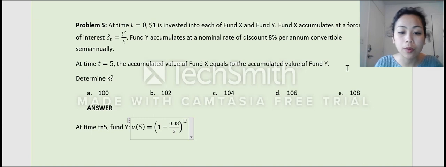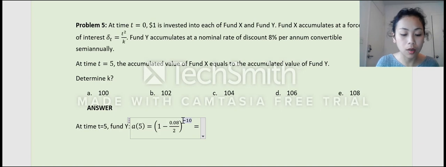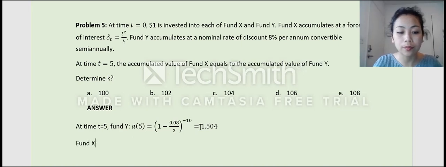So 1 minus 0.08 over 2, the whole thing to the power of 2 times 5, which is 10. That equals 1 minus 0.04 to the power of negative 10, and you get 1.504. Now we work on fund X.